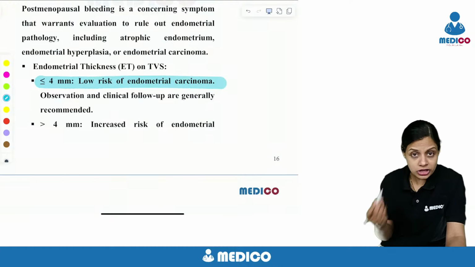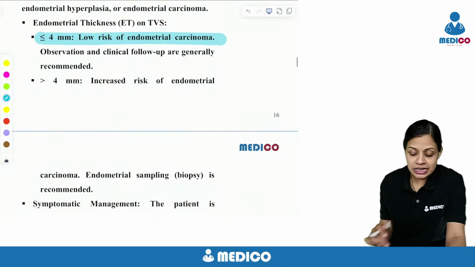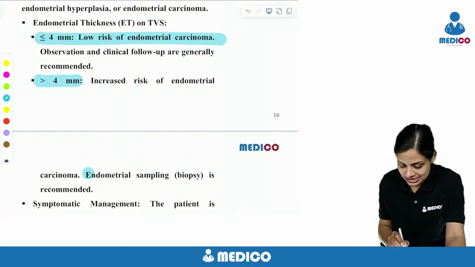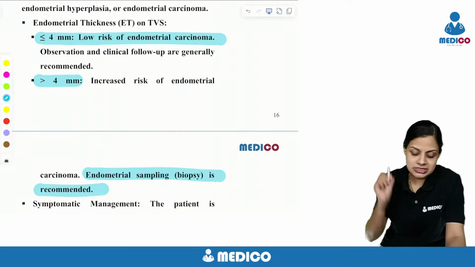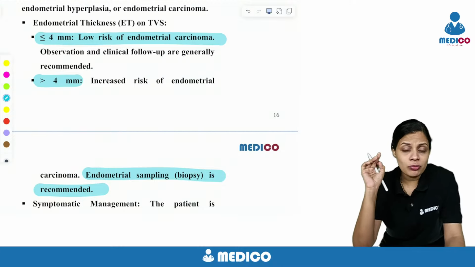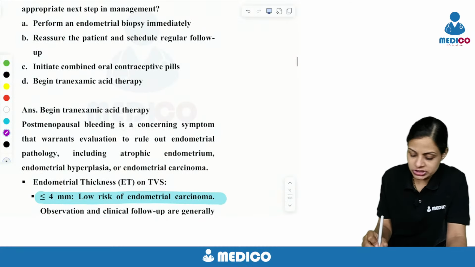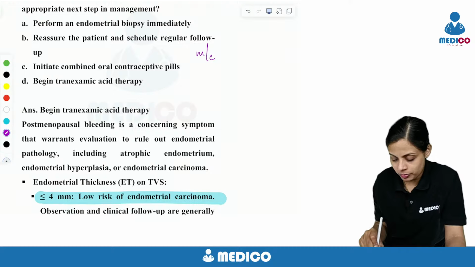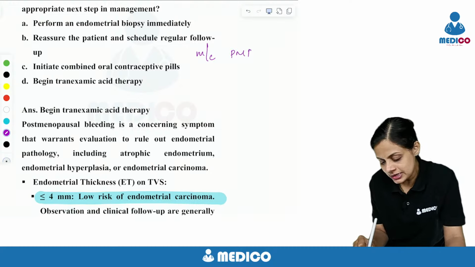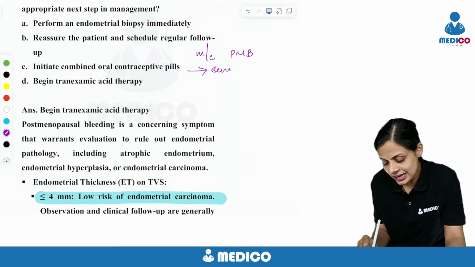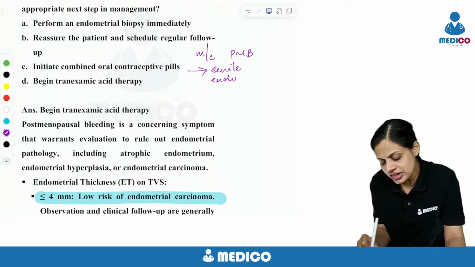If it is more than 4 millimeters, she is at an increased risk for endometrial carcinoma, and an endometrial sampling or a biopsy is recommended. Whenever you have a woman with less than 4 millimeters, the most common cause for a postmenopausal bleed is deficiency of estrogen, or senile or atrophic endometritis.